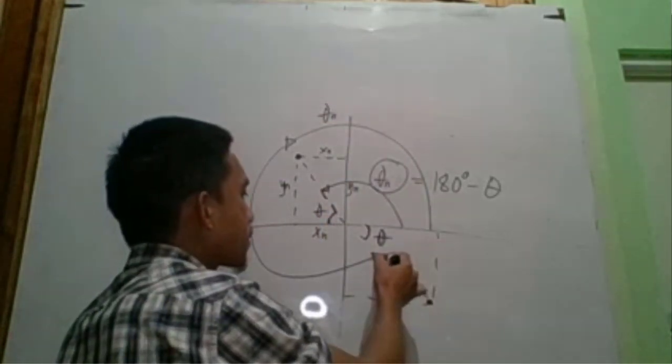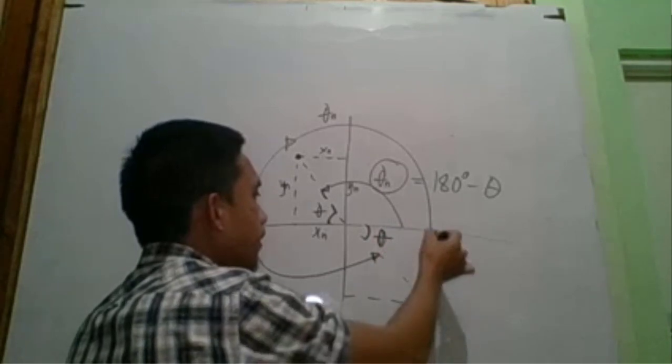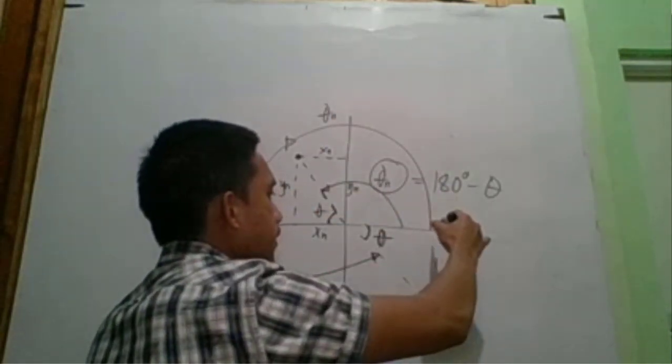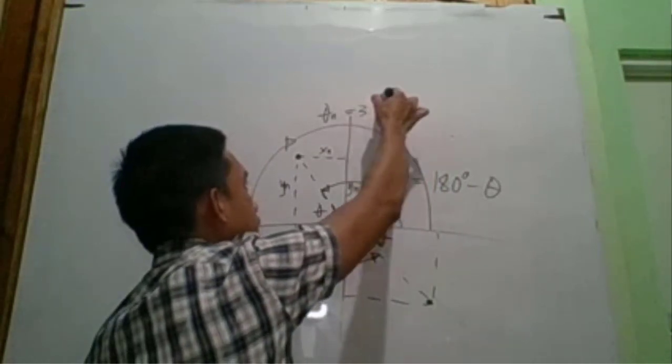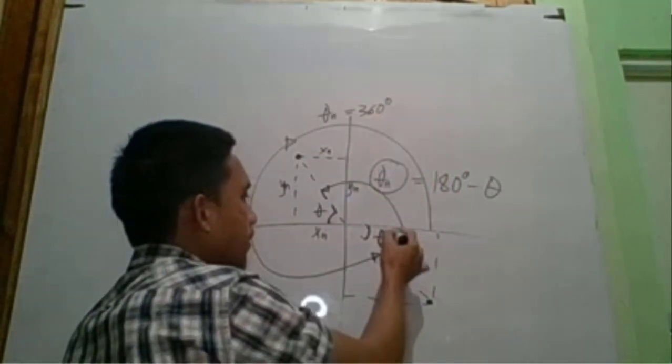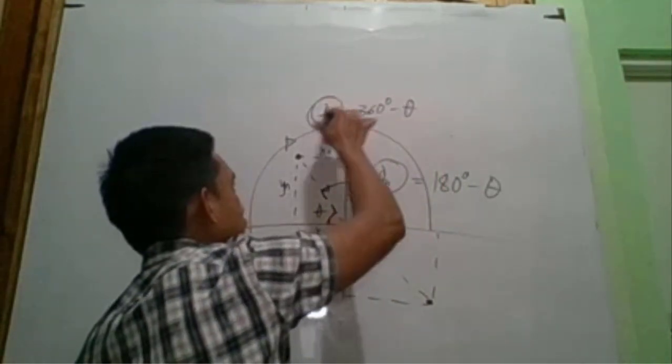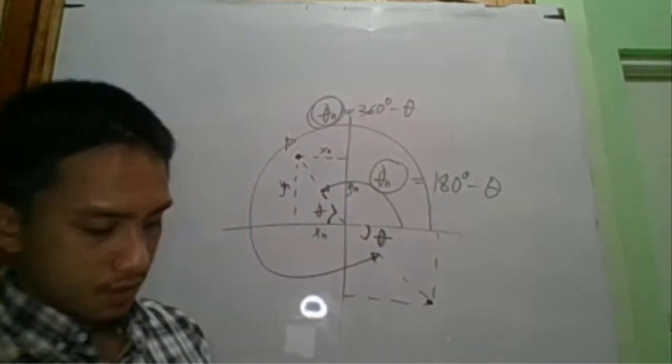So how do we get the theta sub n knowing this theta here? That is a total complete rotation if you go back to itself. So that is 360 degrees. Subtract that theta that we solved, then that is your theta sub n. Okay?